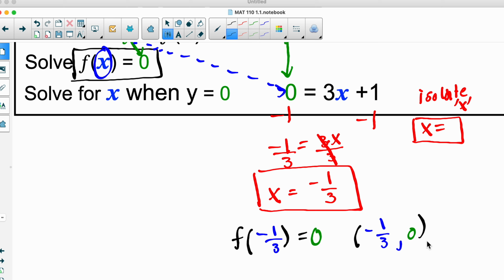So notice that there are a number of ways that I can write this. I'm using function notation here. I'm writing it as an ordered pair here. Lots of different ways. You should get comfortable with shifting between the different ways that we can write this in words and also in mathematical notation.